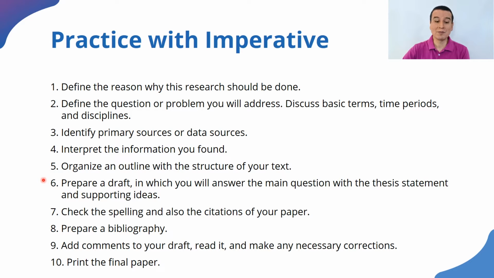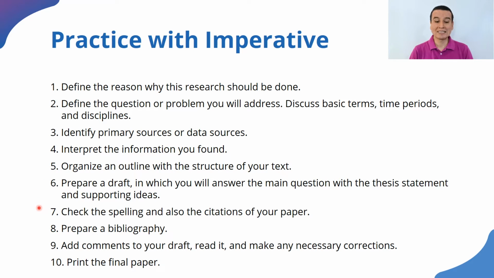Number 6, prepare a draft in which you will answer the main question with the thesis statement and supporting ideas. The thesis statement is the summary of your conclusion of the research. That means that it summarizes what you are going to write in your whole report. And then your supporting ideas, how you are going to support that claim that you made.